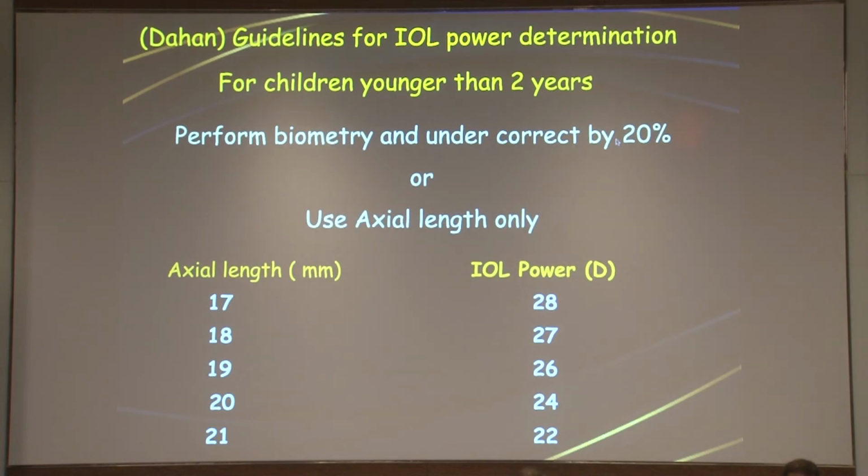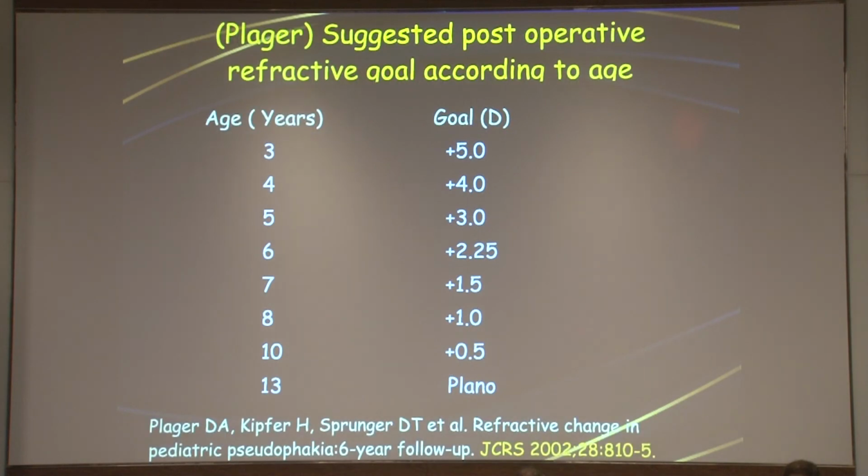But as time progressed, we realized that axial length, keratometry, age, all of these factors play an important role. Another important paper by Plager and group suggested that for younger children, you undercorrect more, and as the child grows older, you undercorrect less. However, this was again for children 3 years and beyond.